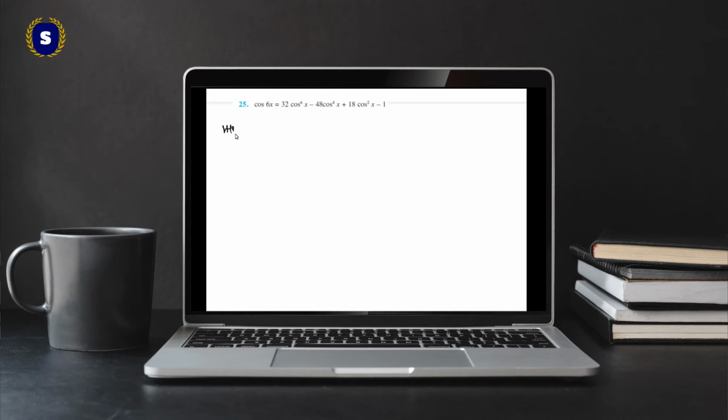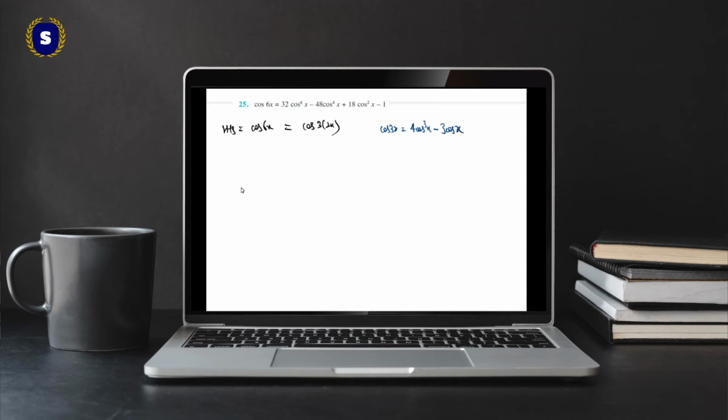Let us jump to the next question, that is question number 25. So LHS, we have cos 6x, which is equal to cos twice of 3x. We know the identity of cos 3x. Cos 3x is equal to 4 cos cube x minus 3 cos x, right?